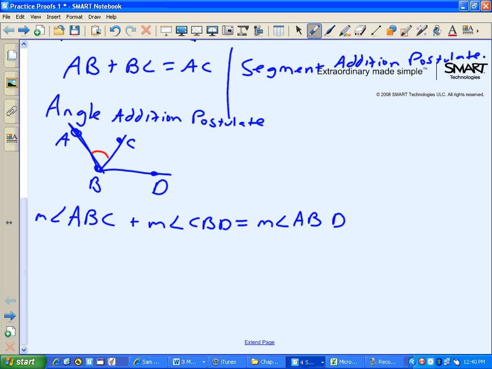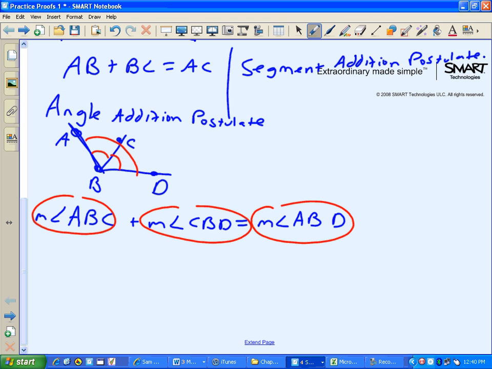However many degrees this part is, plus however many degrees this part is, equals the total number of degrees. I'm allowed to say that because of the angle addition postulate. So if you're adding two adjacent angles up, it's the angle addition postulate.